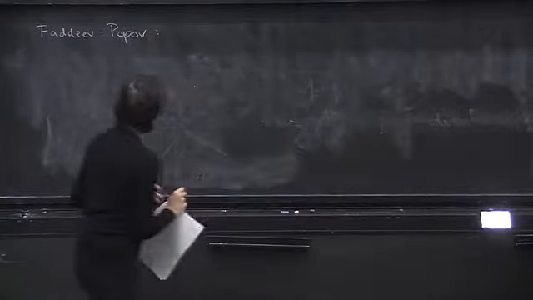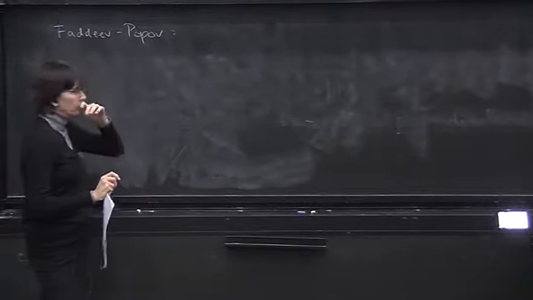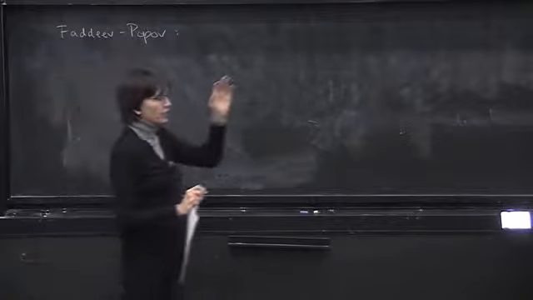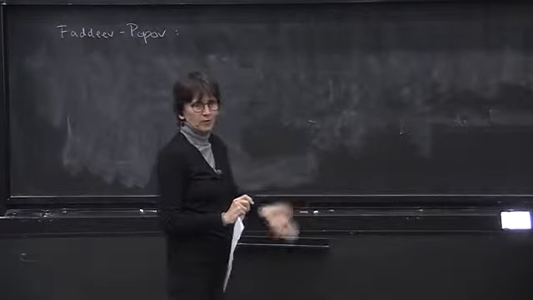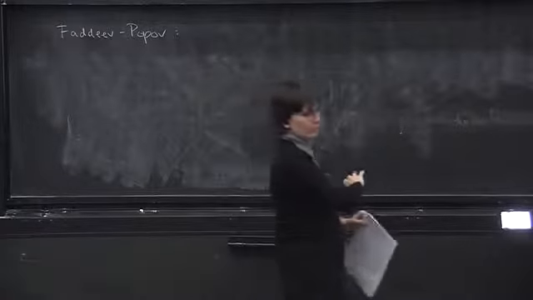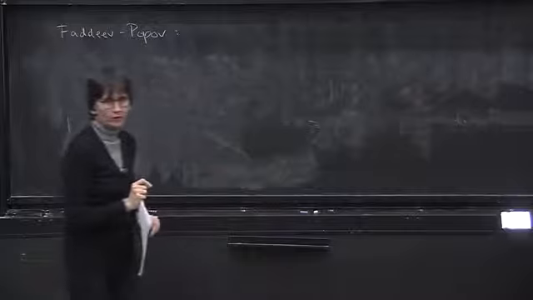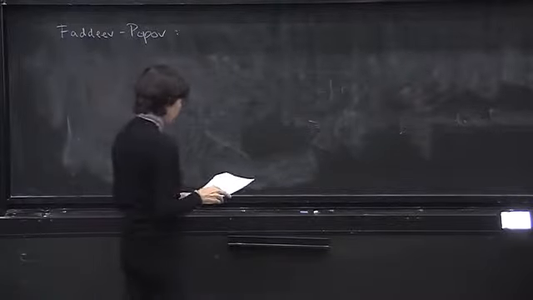So what the Faddeev-Popov trick does, roughly speaking, is insert a delta function into the path integral, which restricts you to a submanifold of the configuration space you're integrating over.